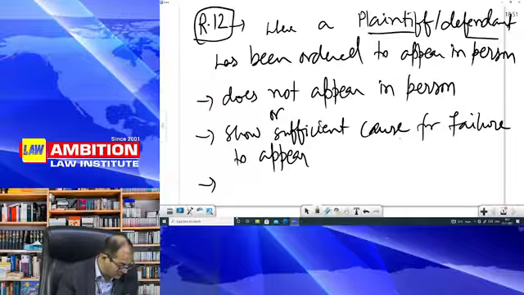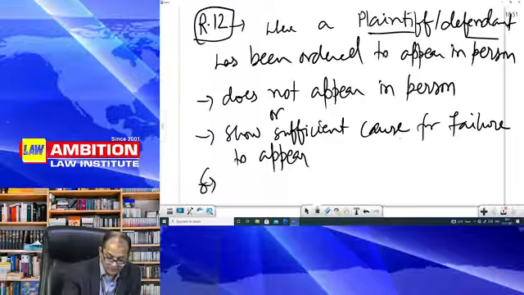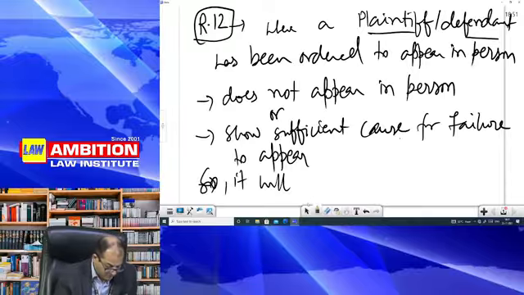So in such a situation, where a party does not appear in person, has been ordered to appear, does not appear, or shows sufficient cause to the satisfaction of the court for failing to appear, it will be considered.